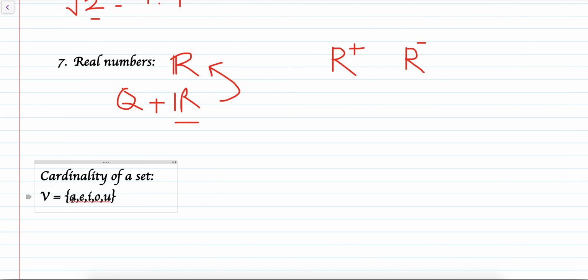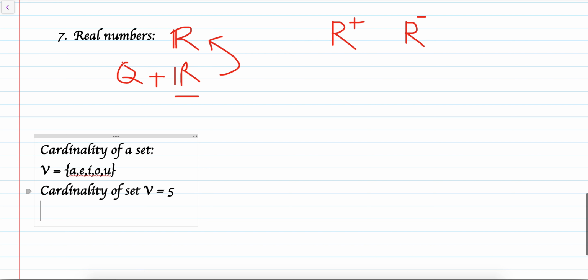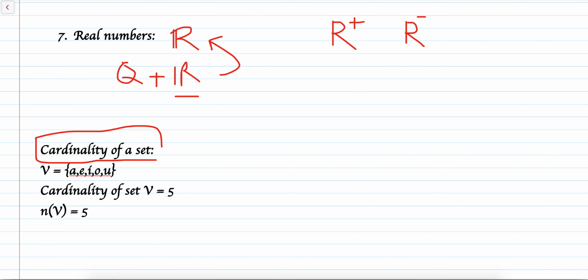We see that there are 5 elements: A, E, I, O and U. So we will say that the cardinality of set V is equal to 5, and we will denote it as small n of V is equal to 5. So cardinality is simply the number of elements inside a set.